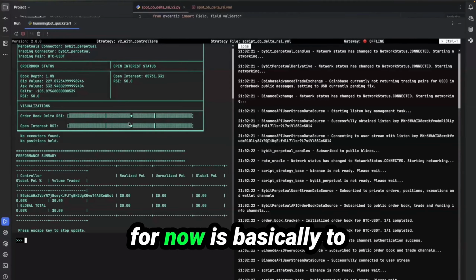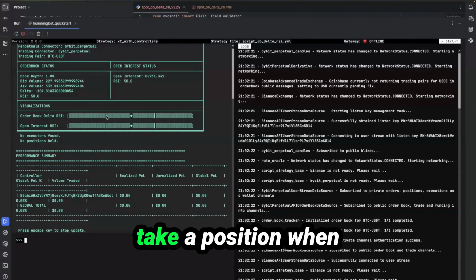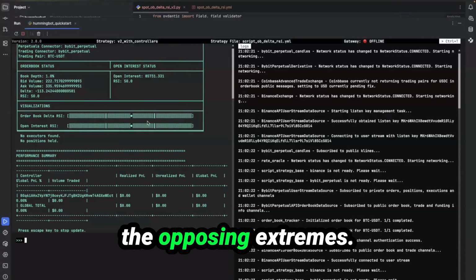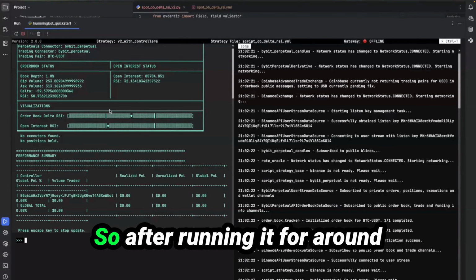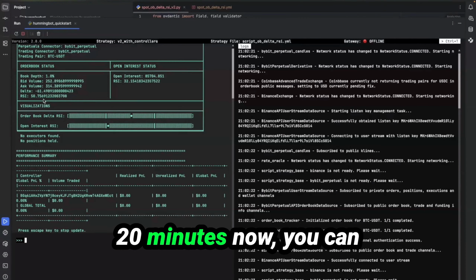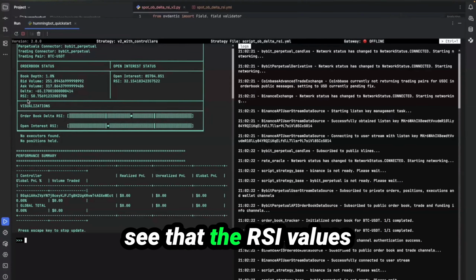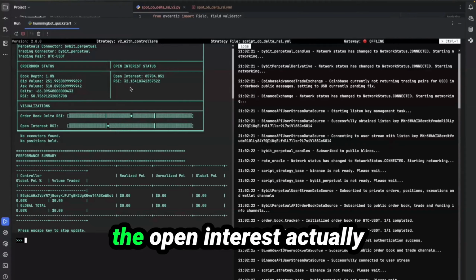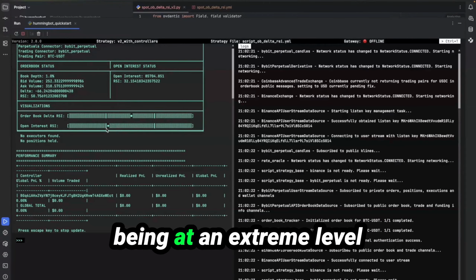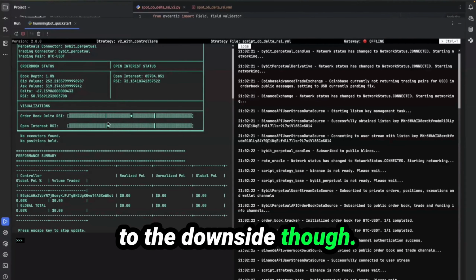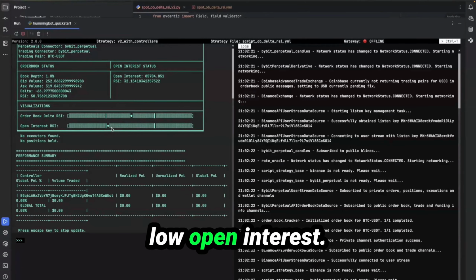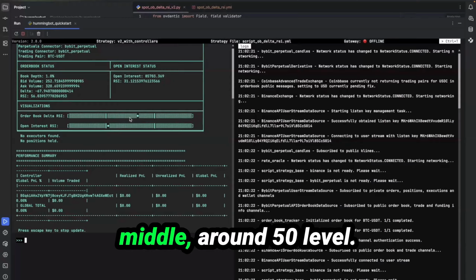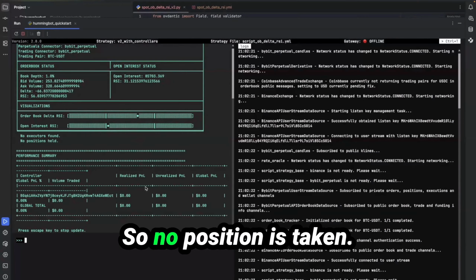What you're looking for is to take a position when they are at opposing extremes. After running it for around 20 minutes, you can see that the RSI values are actually calculated. Here you can see the open interest being at an extreme level to the downside. So there's relatively low open interest, but the order book delta is pretty much in the middle around the 50 level. So no position is taken.